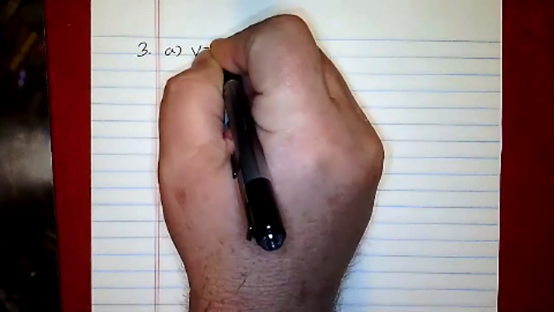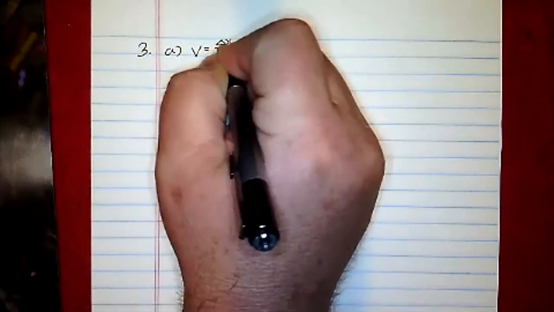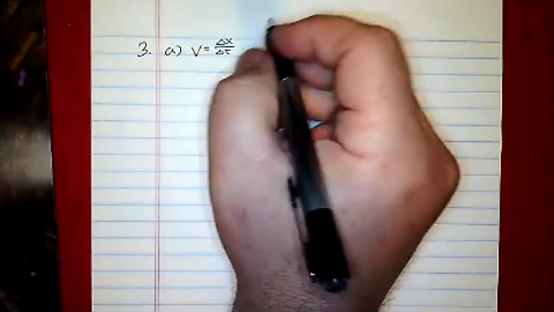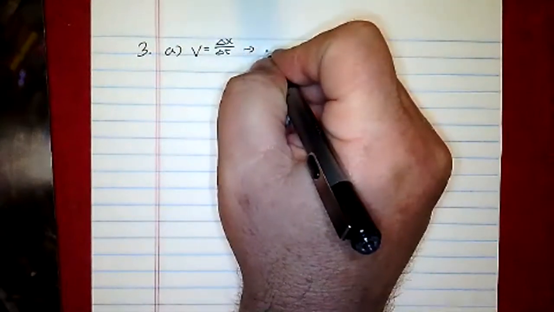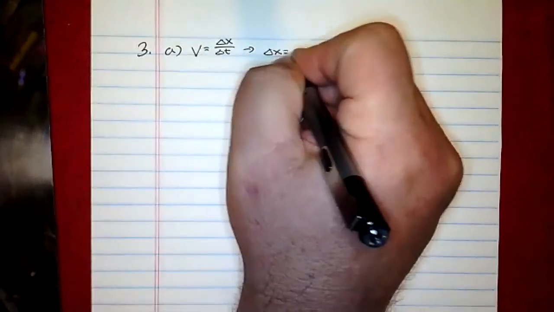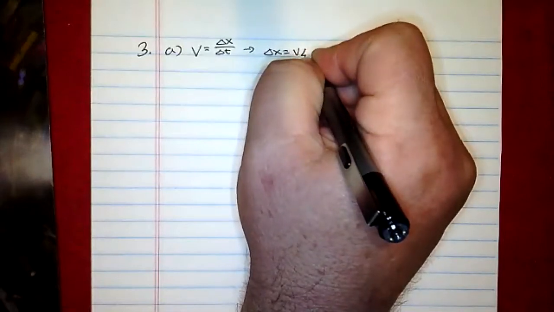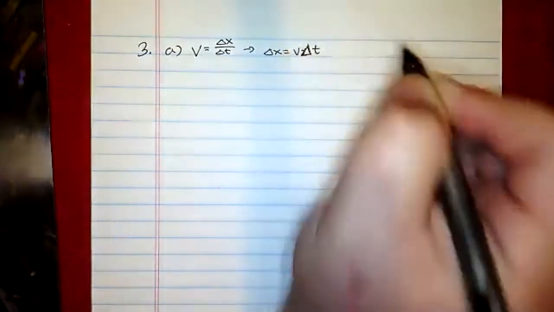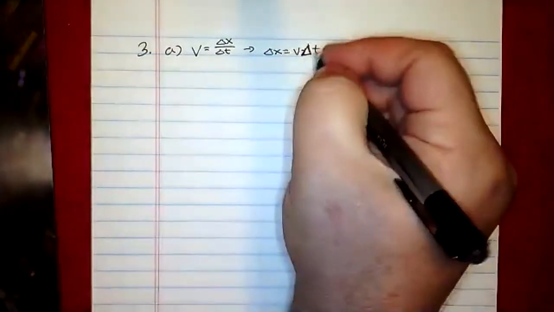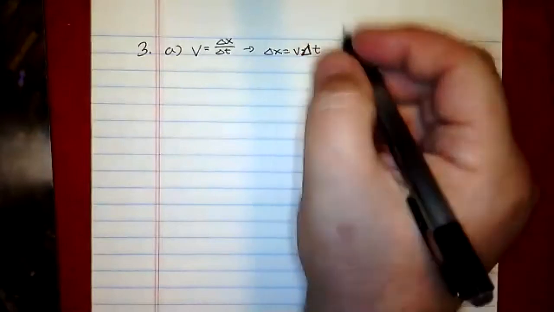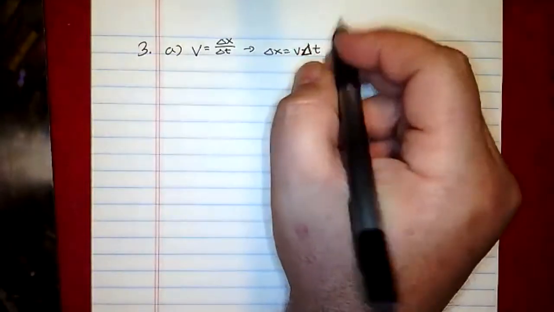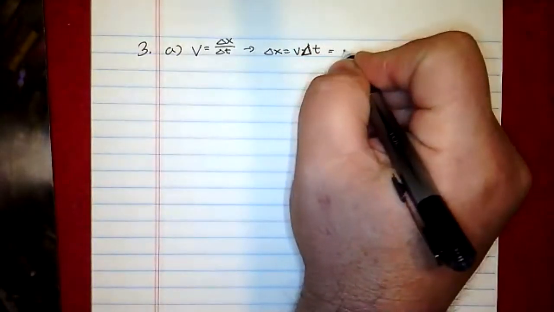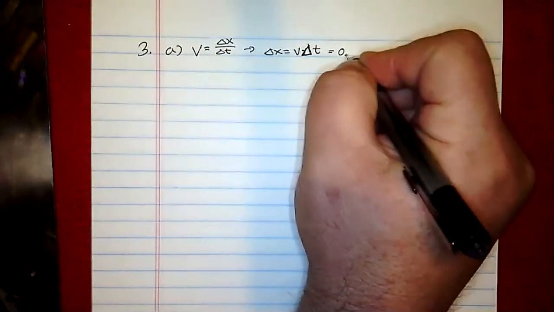Well, we know that the average velocity is distance traveled divided by time taken. So from that, the distance traveled should equal velocity times time, delta t. If we ignore the fact that this time is going to expand, we can just compute the distance directly.